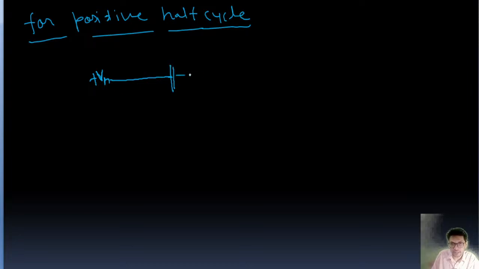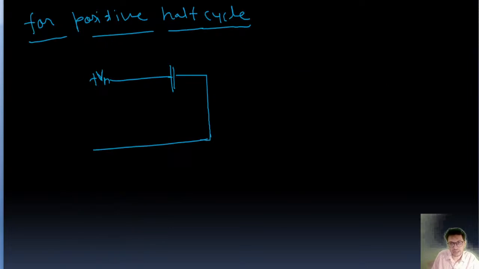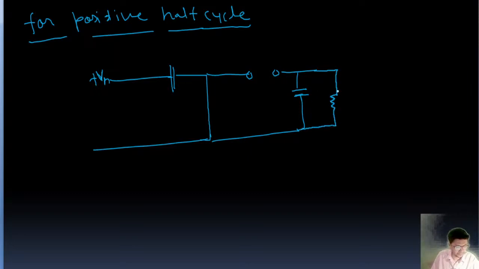This is the capacitor, and the forward biased diode works as a short circuited wire, and the open circuited one is like this, and then there is a capacitor, then R, and this is V output.